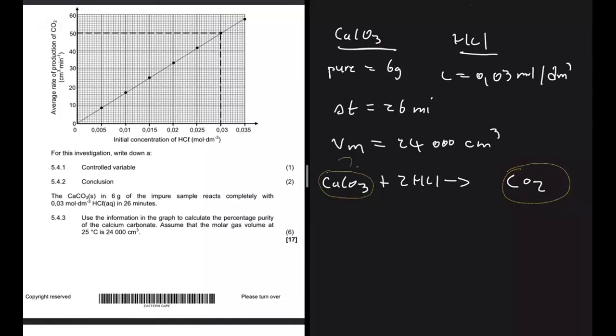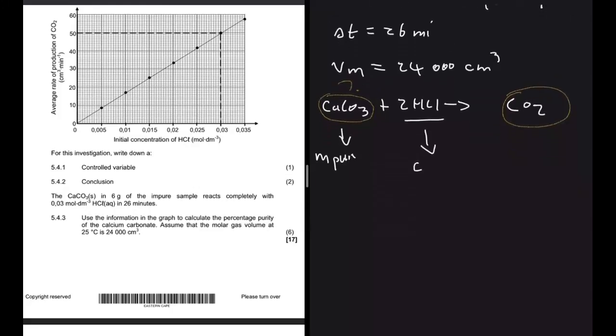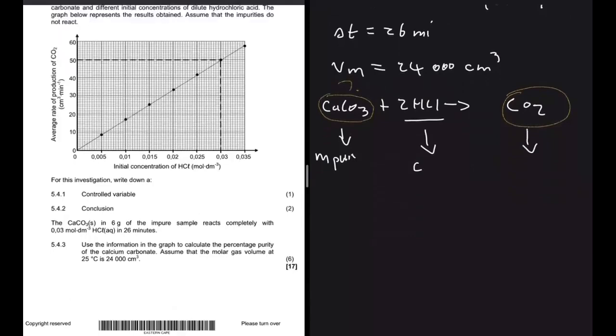For CaCO3, we only have the mass of the pure substance. And for 2HCl, what's the information we have? We only have the concentration. And for CO2, we have the molar gas volume, we have the average rate, so we have the reaction rate, and then we have the time of the reaction.